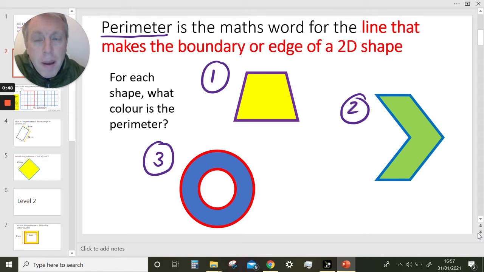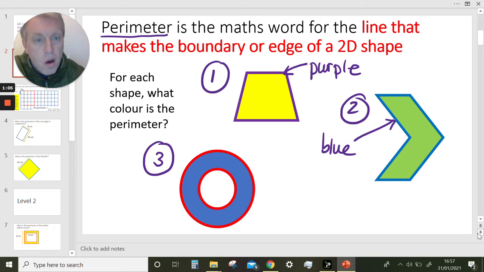Well, remember the line that goes around the outside, that makes the boundary, makes the edge, that's the perimeter. So for shape 1, it's purple. For shape 2, it's this blue line that goes all the way around the outside.